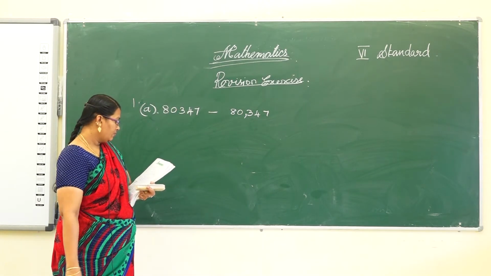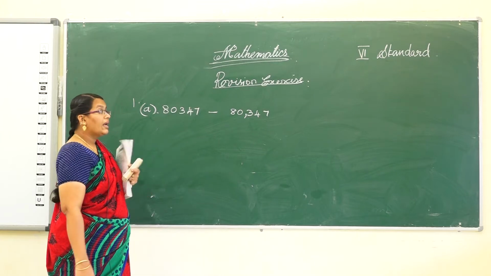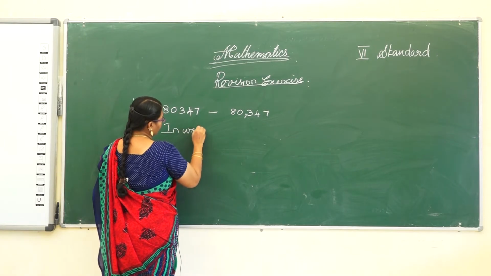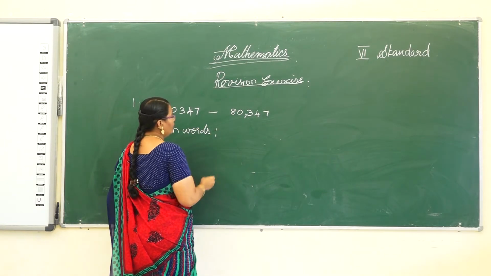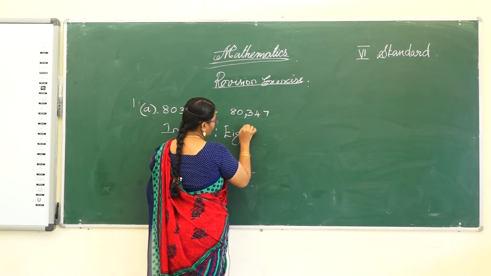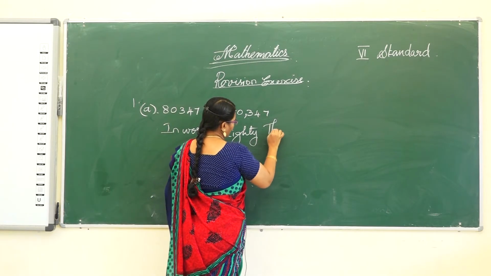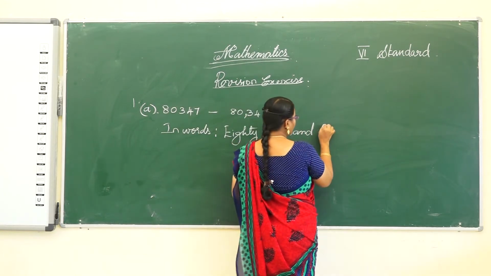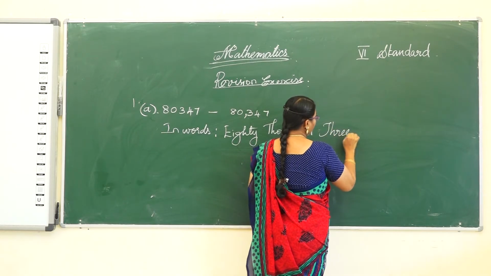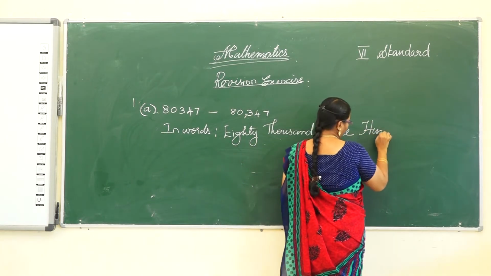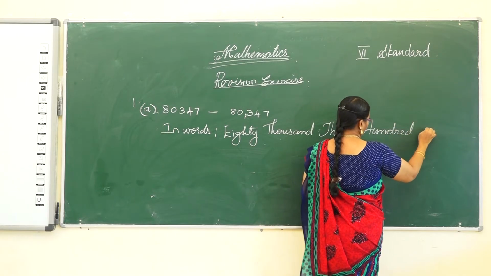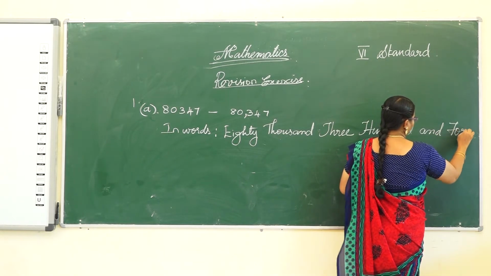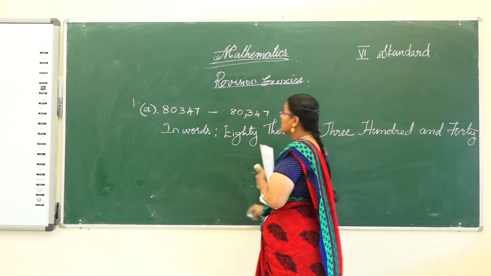And next, correct the place values and write them in words. So how do you write in words? Eighty thousand, three hundred and forty-seven.